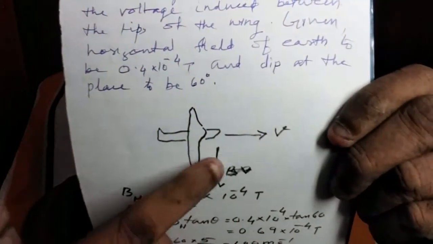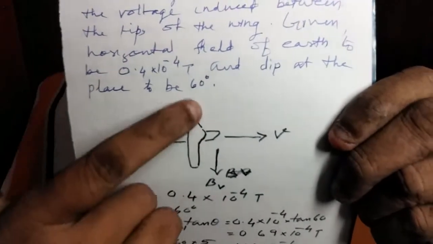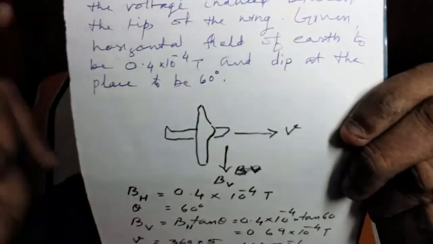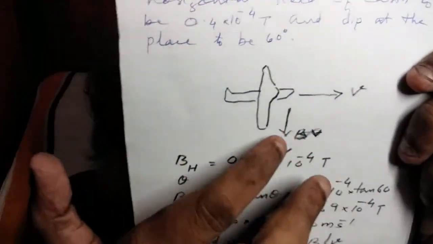So wings are perpendicular to B. Then the induced EMF between the tips of the plane is BLV, magnetic field strength into velocity into length. You should take the vertical component of the Earth's magnetic field here, because it is moving horizontally, so it is cutting the vertical component perpendicularly. Then only the angle becomes 90 degree and the induced EMF becomes BLV.